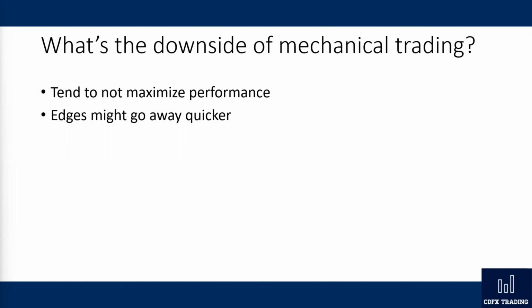But strategies definitely go away. I spoke to a friend of mine. He backtests so many systems, and he's like, so many work for a year, two years, and then they just lose, and they turn to shit. It happens, guys. It's a real thing that edges can go away.